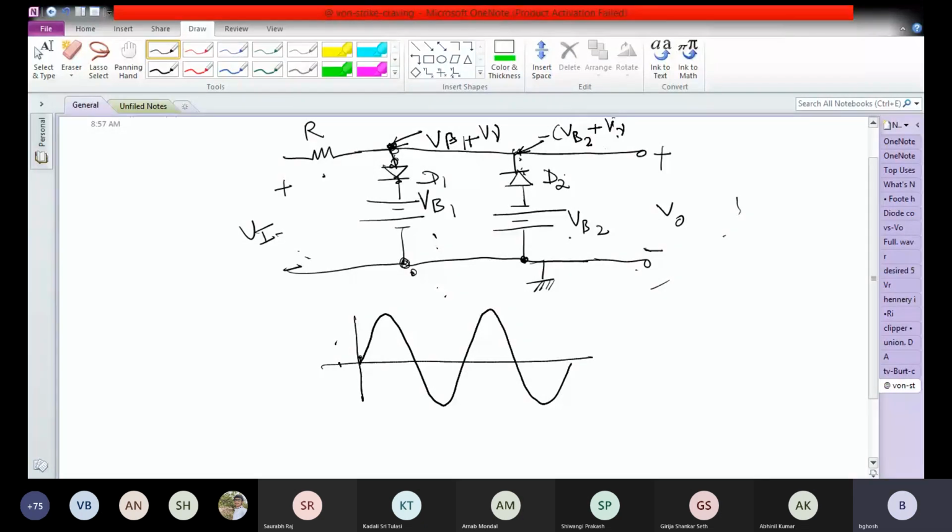Assume that both the diodes have the same cut-in voltage. So minus VB2 minus V gamma. So minus VB2 plus V gamma. So mark the transition voltages. First of all, you mark the transition voltages. So this is voltage versus time.